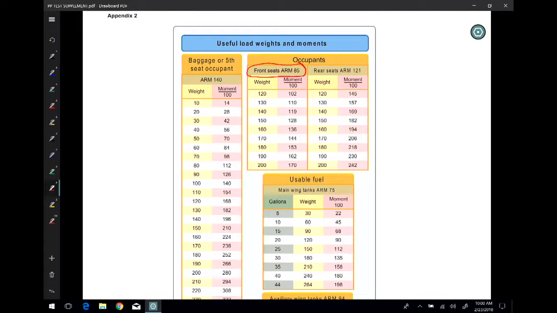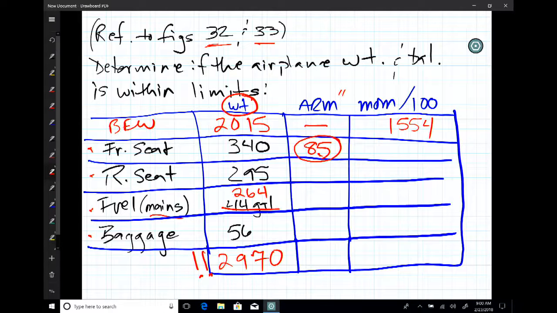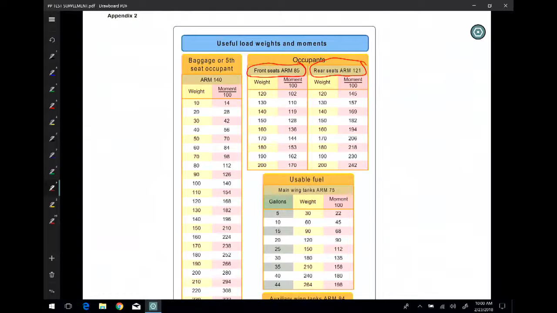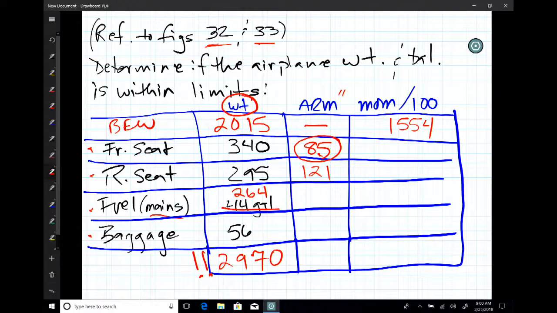If we look here, the arm for the rear seat is 121. So we come back over here and put the rear seat arm of 121, right? What about the fuel? The fuel here in the main tanks, the arm is 75. You're kind of catching on here, right? You put 75 inches, that's the arm here for the fuel in the main tanks.